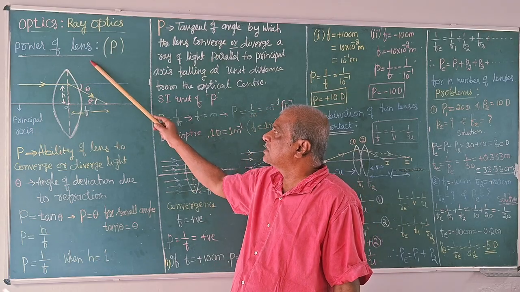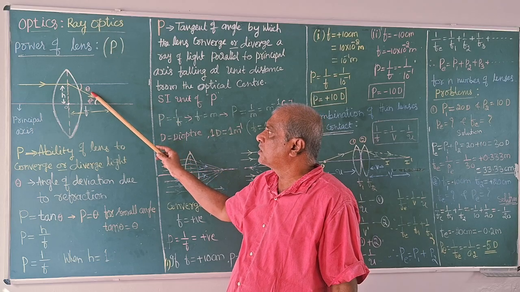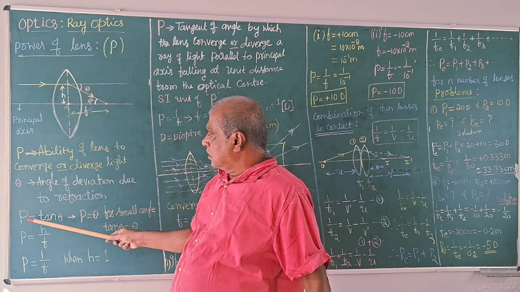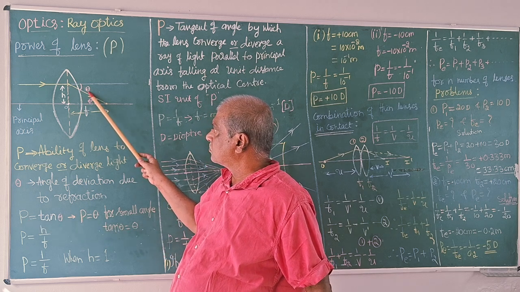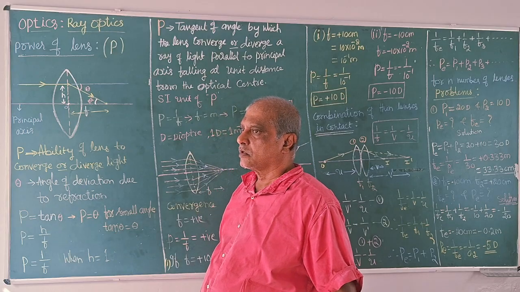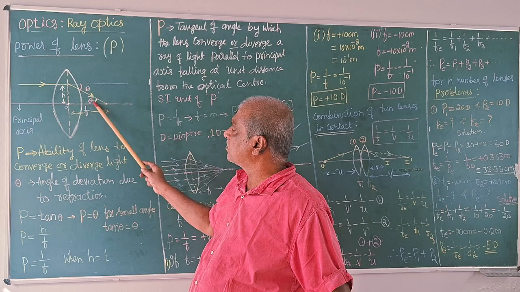The power of lens, here the tangent of this angle. The power of lens is the tangent of this angle. It is called as power. We can define this tan theta because this theta is same.